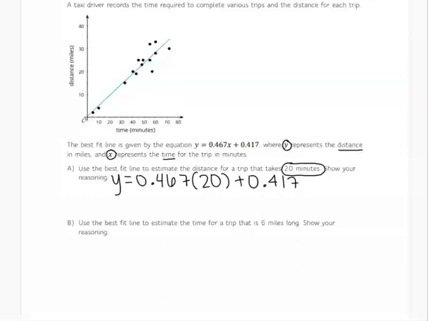This is something that you could put in a calculator, and if we do that, we get y equals 9.757. Y equals 9.757 tells us that a trip that takes 20 minutes can be expected to be about 9.757 miles.